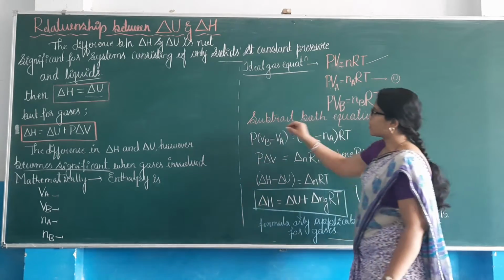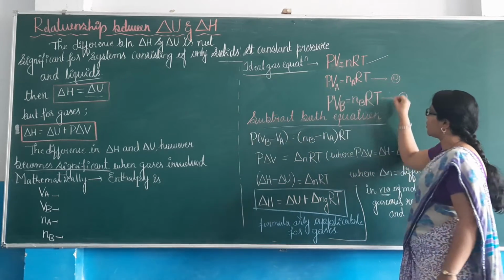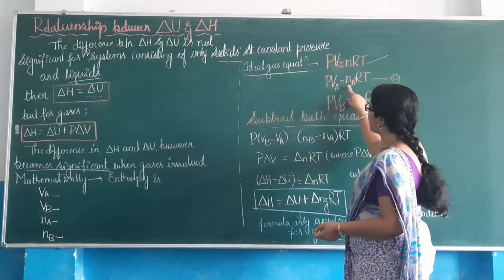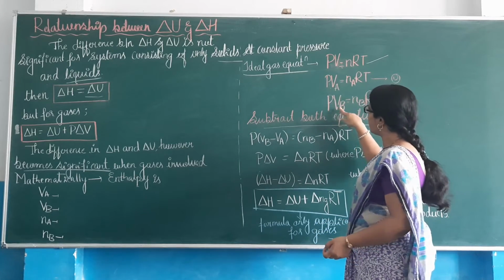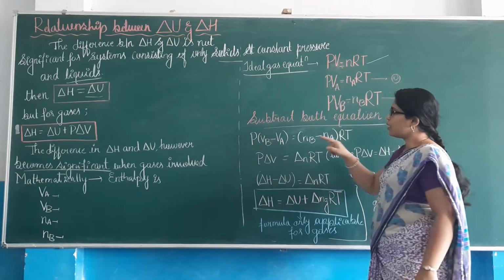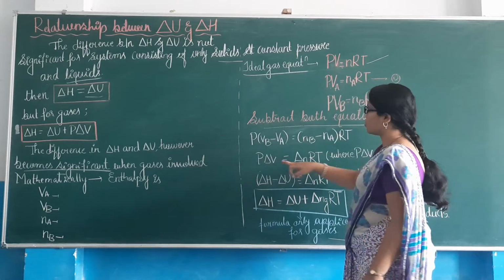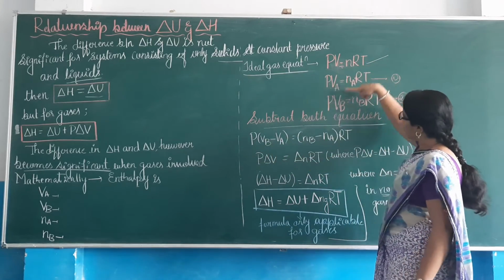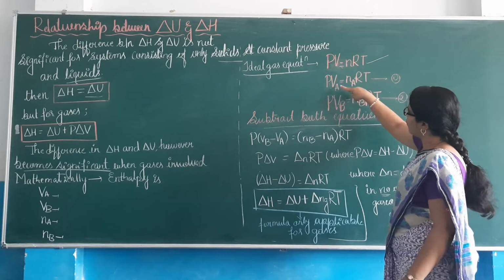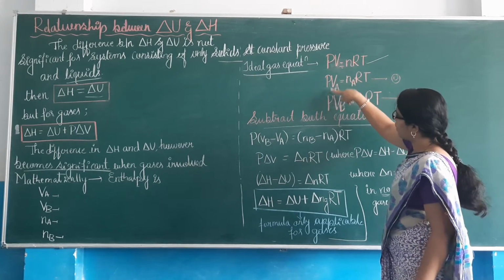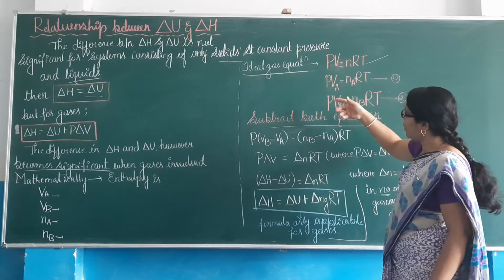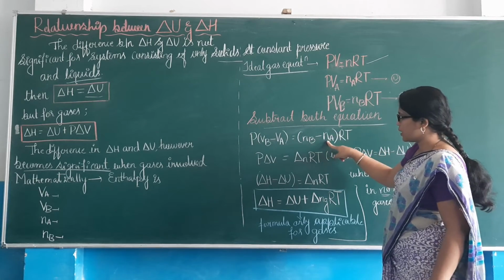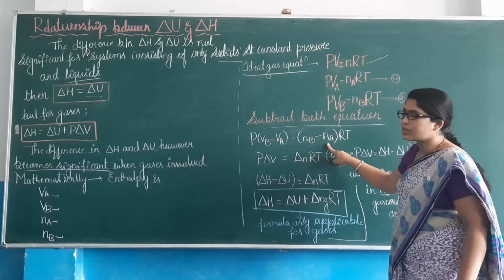So by just subtracting these two equations, 1 and 2, what do I get here? I have PVA is equal to NART, PVB is equal to NBRT. Just by subtracting these two, I will be getting P of VB minus VA. Take this pressure term common. Here, Nb minus Na, products minus reactants, I consider.